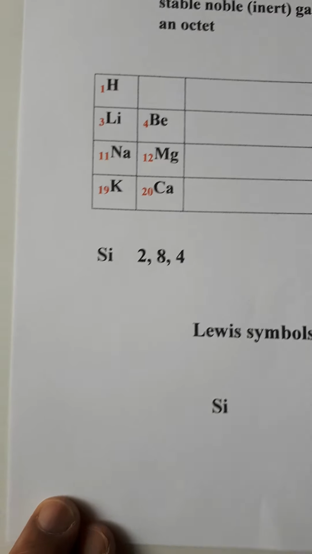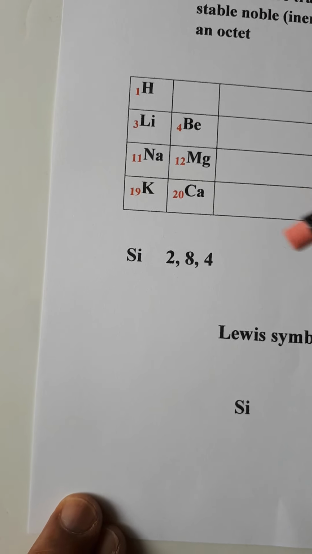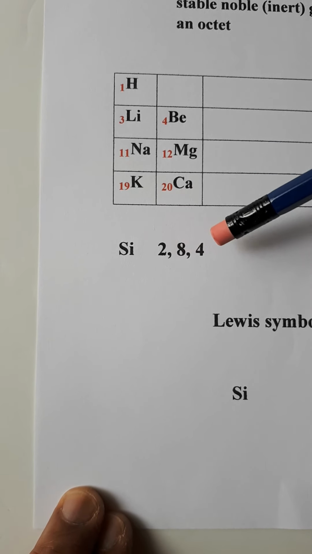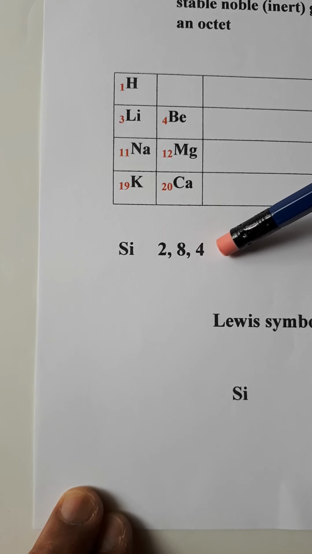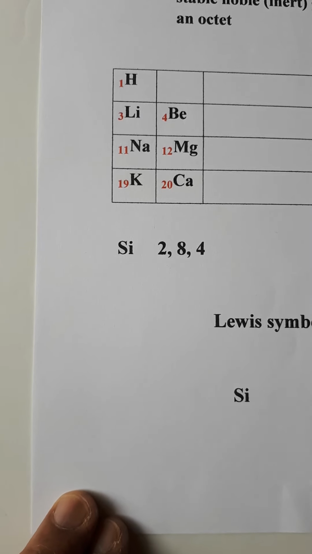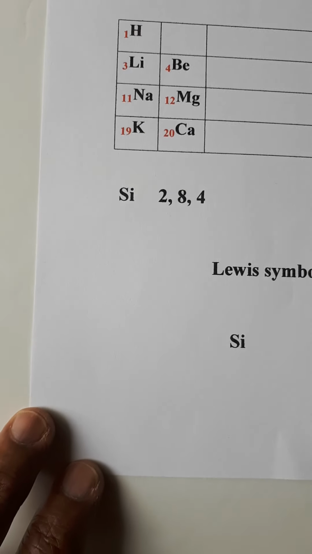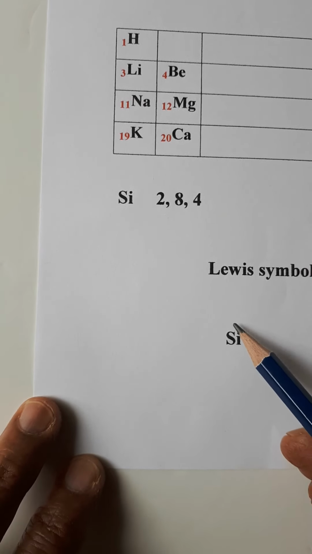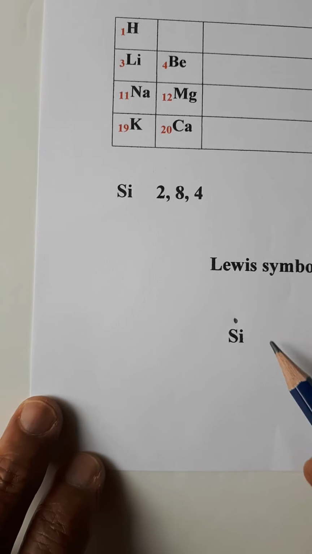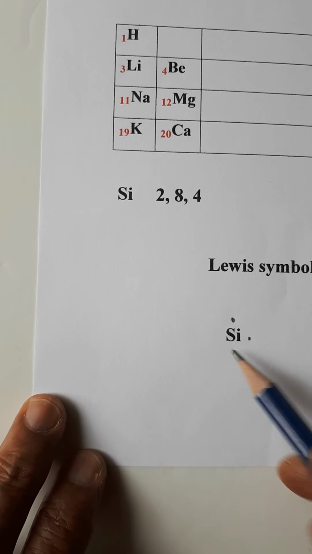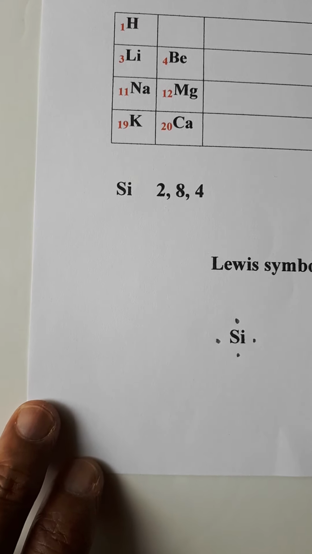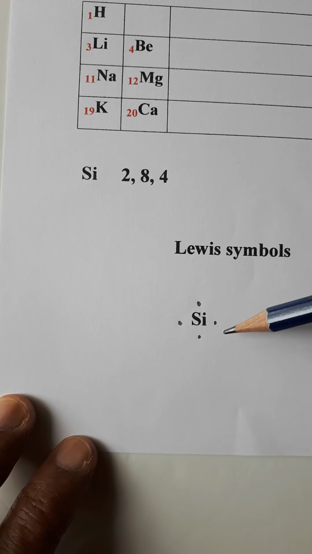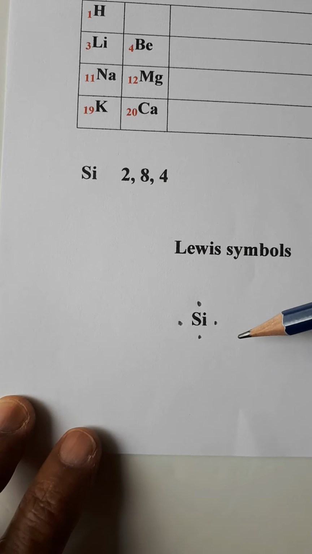So let's see how the electrons are arranged around the nucleus: 2 in the first shell, 8 in the second shell, and 4 in the outermost shell. So Lewis proposed a special way to put these outermost electrons around the atom. You put one here, 2, 3, and 4 like that around the atom, so that the negatively charged electrons will have minimum repulsion.